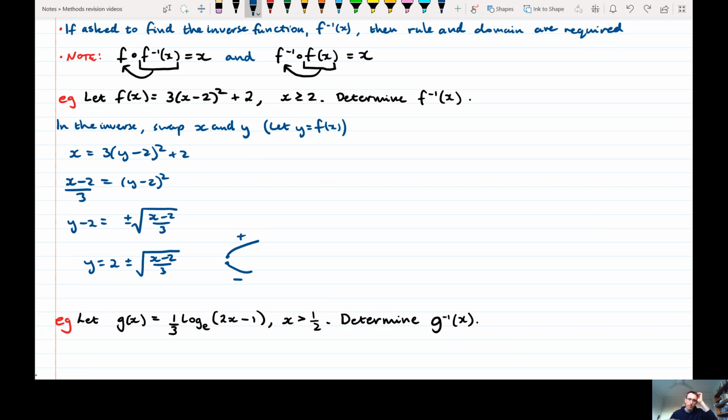So what I need to do is go back to the original set of values. In the original equation, we had a quadratic with a turning point of (2, 2). Remember, the x value is 2 there, the y value is 2 there, and it's doing this. But notice we have a domain at the end. It's not telling me to do an inverse of the whole thing.